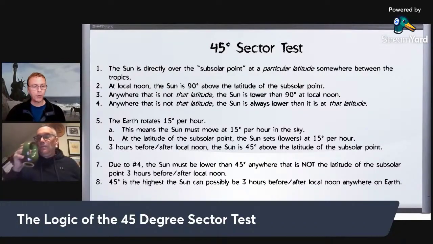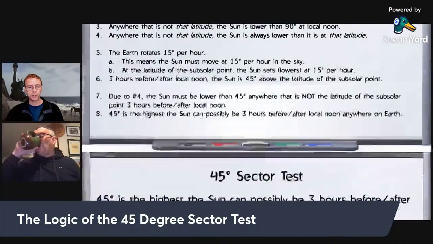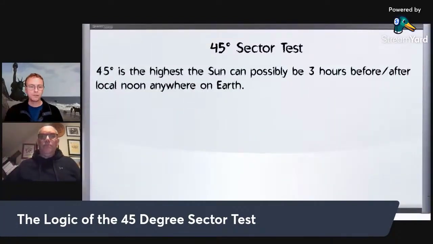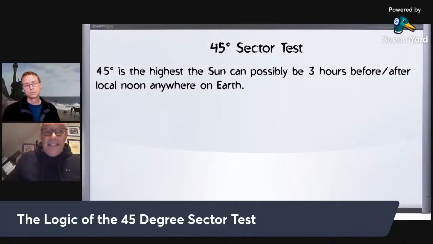Okay, and so that leads to point number 8 here, the final point, which I'll blow up. 45 degrees is the highest the sun can possibly be 3 hours before or after local noon anywhere on Earth. Agreed? Well, I wouldn't say anywhere on Earth. Because when you make that statement, what if I'm in the tropics?